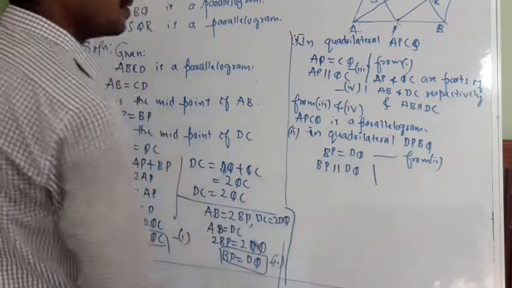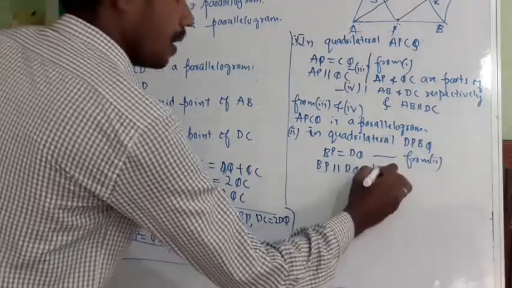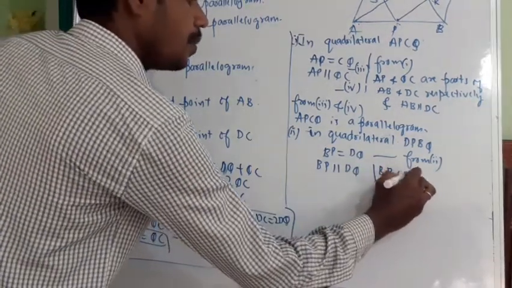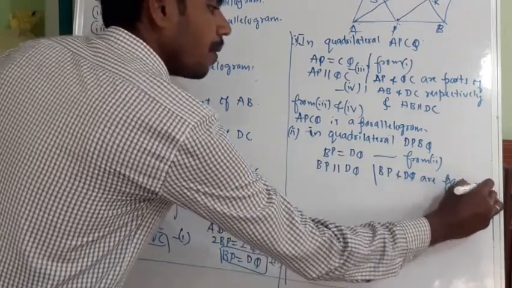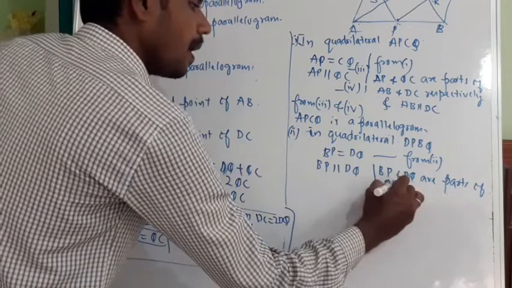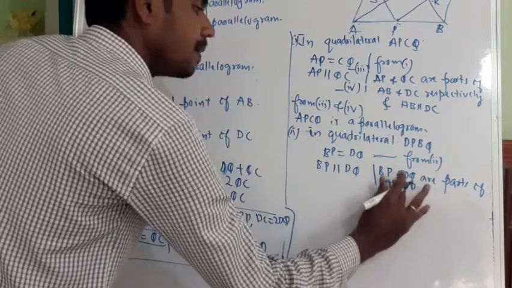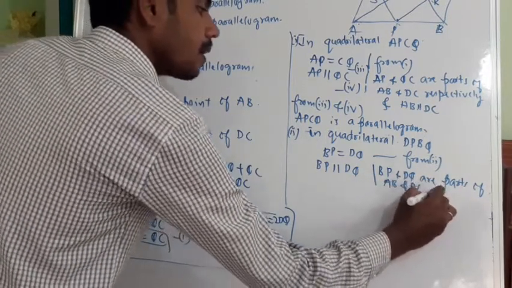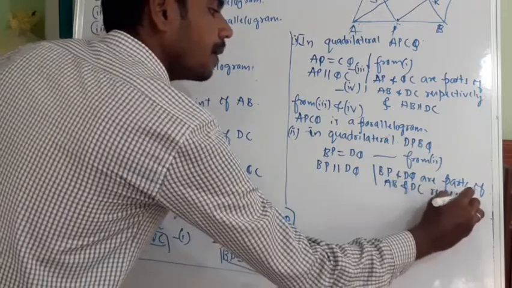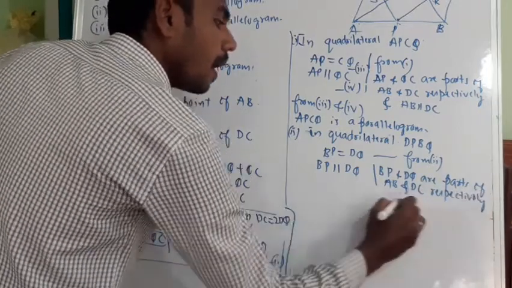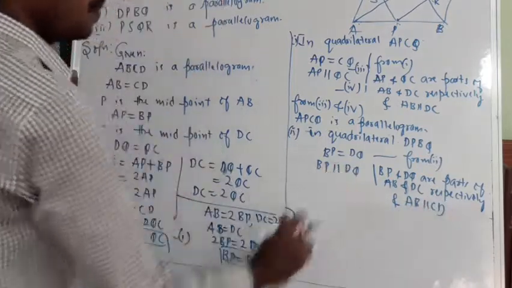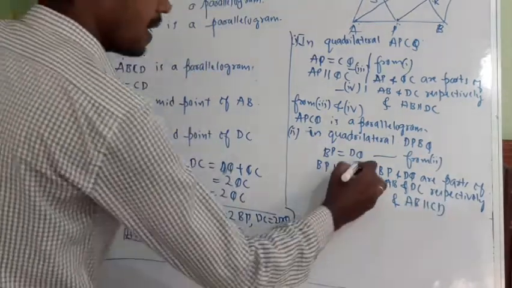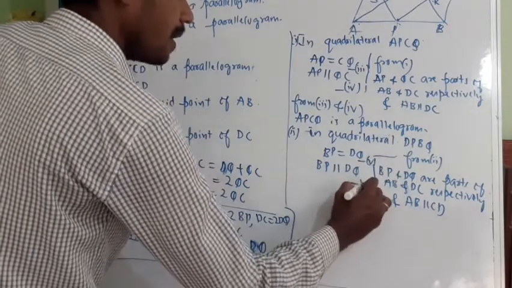Why? BP and DQ are parts of AB and DC respectively, and AB is parallel to CD. So that is the reason BP is parallel to DQ. I can call it equation number 5 and equation number 6.